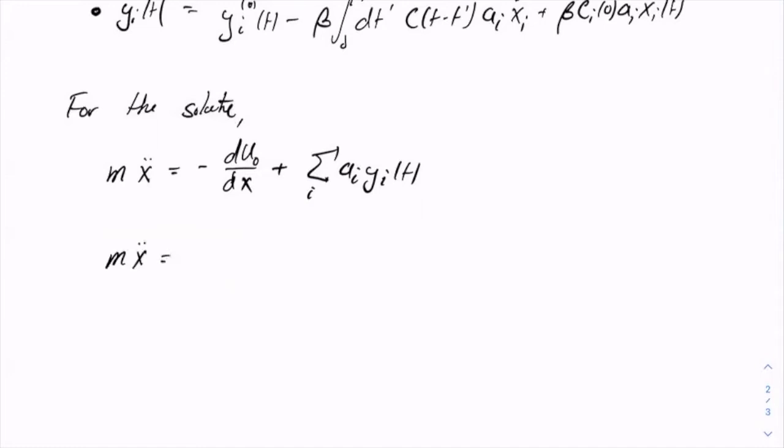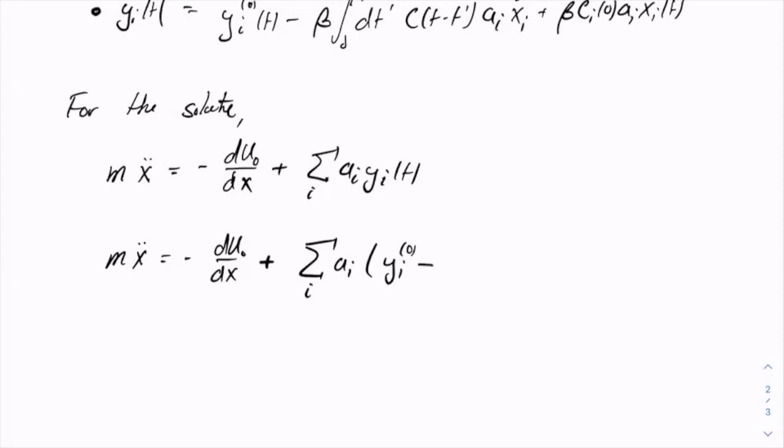And arrive at that the acceleration depends on the gradient of the potential that the solute feels in the absence of any solvent, plus I have a sum over all the variables weighted by AI, and now the reference part of the trajectory of the yi's, how the y's evolve in the absence of the interaction between them and the solute.